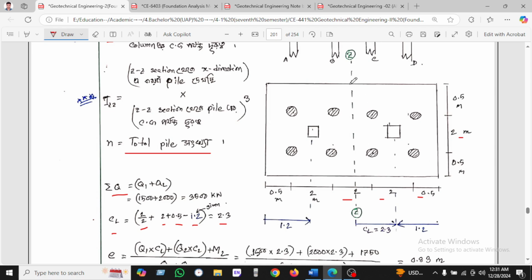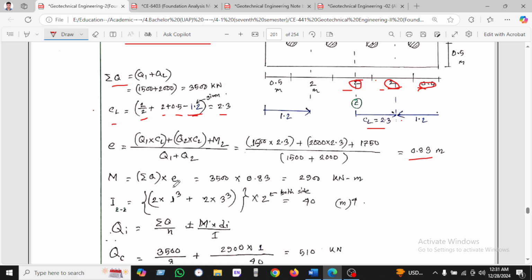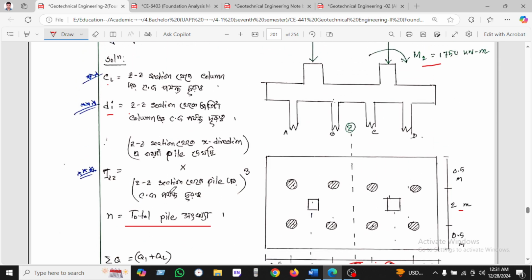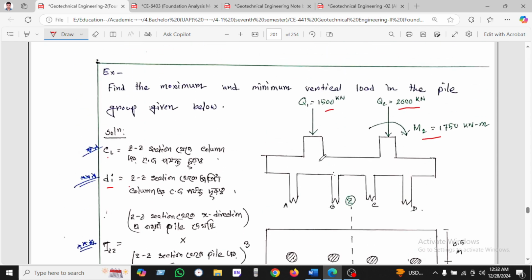Okay, this is the ZZ section, and 2 divided by 2, plus 2, and 0.5, and minus 1.2, so this is the CL value 2.3, and E equal to Q1 CL plus Q2 CL plus M2 divided by Q1 plus Q2, and 1.89, and M equal to force into perpendicular distance for the summation of force, and found here, and IZZ we know the ZZ section to the distance to the CG, and found 40, 2 into 1 cube, and 2 into 3 cube.